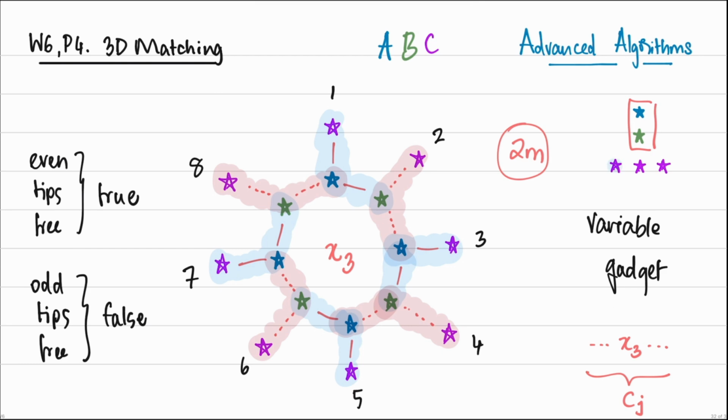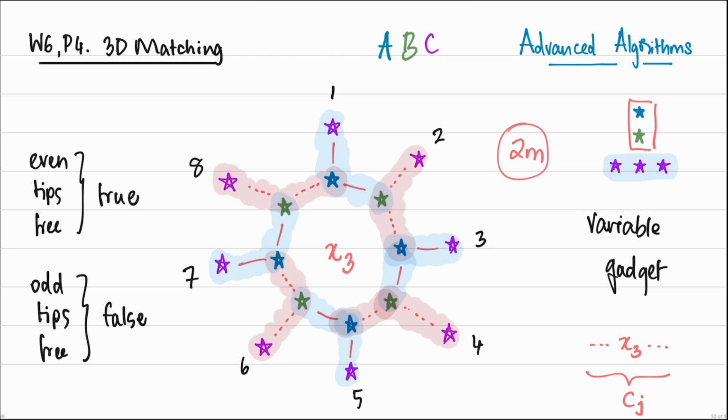So these things here will actually coincide with the elements of the variable gadgets. And how are you going to figure out what to attach to? Well, that's quite intuitive at this point, because let's say the clause cj has x3, then we go to the x3 variable gadget and we look for the jth even tip, not the even tip numbered j, because we have 2m of these tips, so we have m odd tips and m even tips.